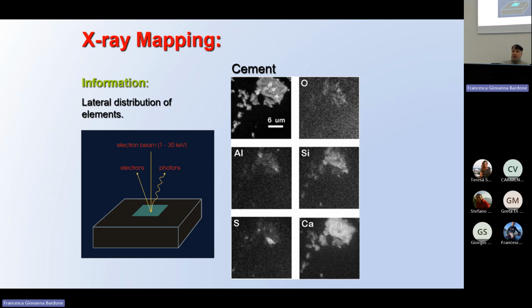It is not quantitative. The brighter the signal, the more of the element there should be. But with this type of image, I cannot say how much exactly, in terms of mass.